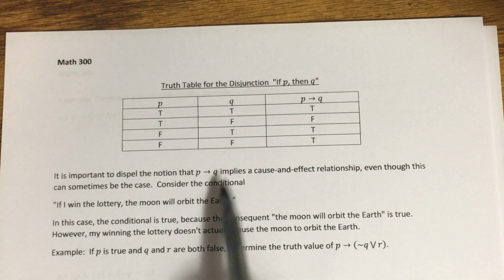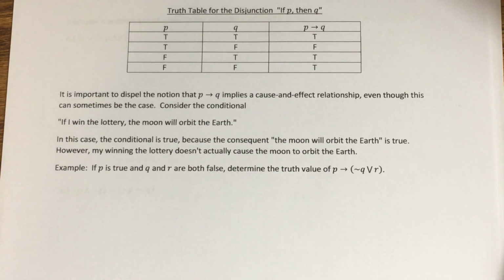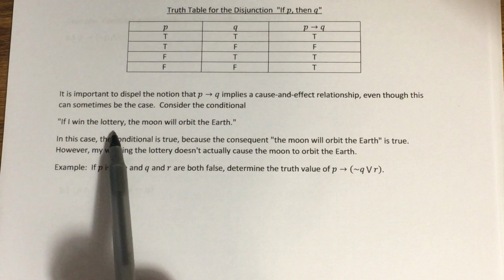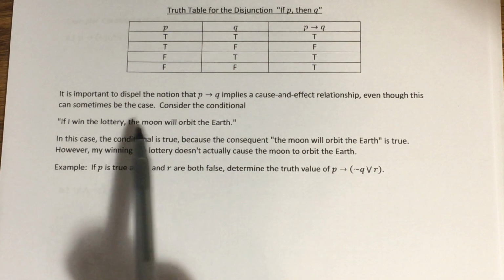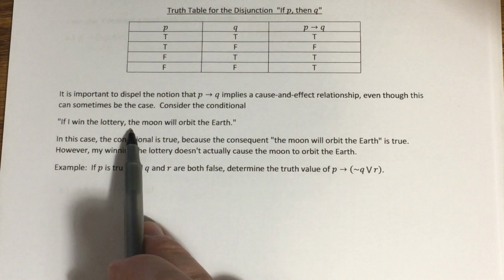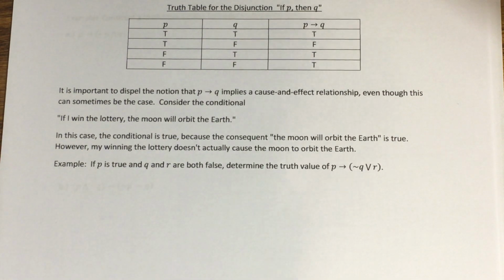Okay? I mentioned this before, but I'm saying it again, and it's really important to notice that a conditional statement, P implies Q, does not actually imply a cause and effect relationship. So here's another example. If I win the lottery, then the moon will orbit the Earth.